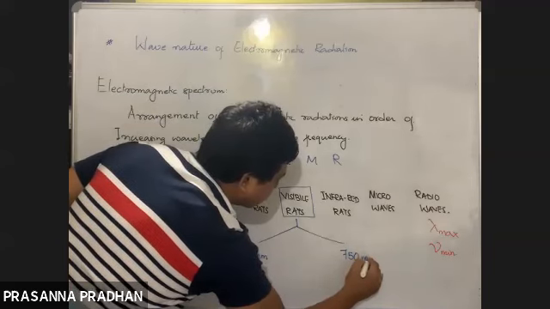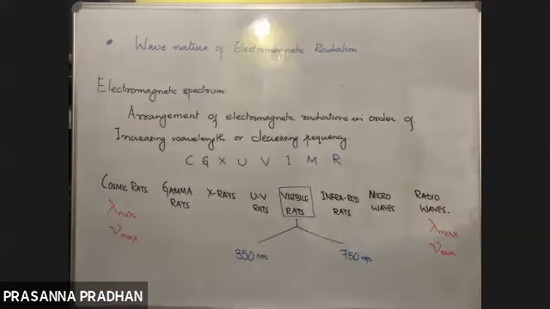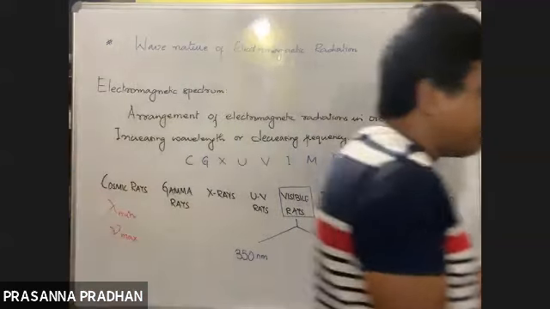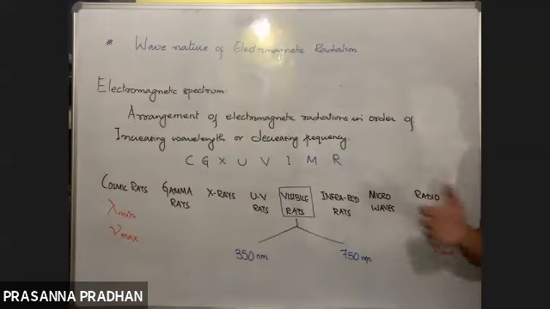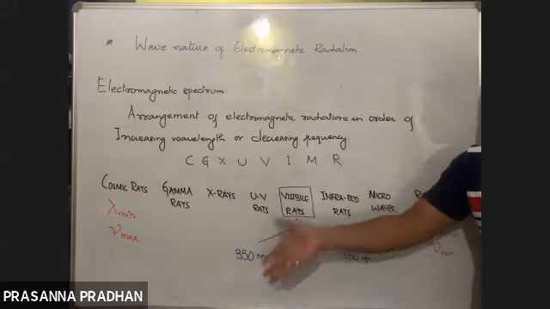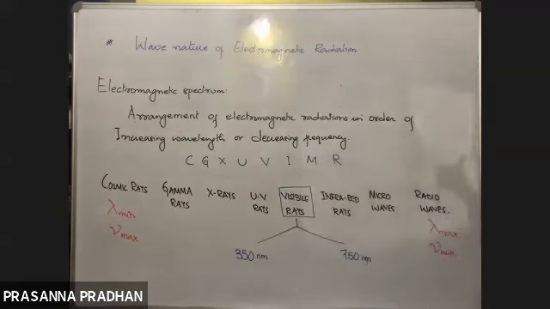If the wavelength is below 350 or above 750, the human eye cannot see it. We can see only those radiations which fall within this region.